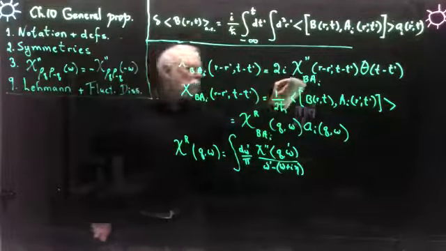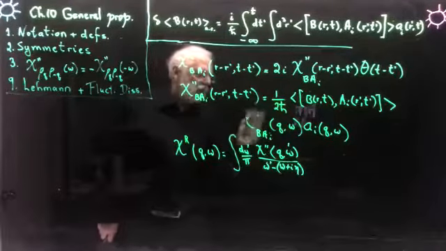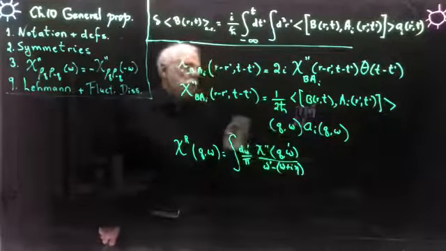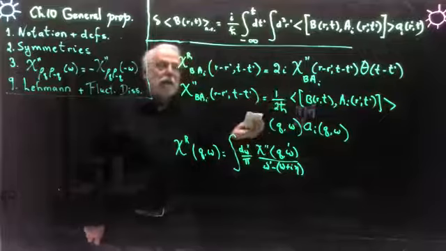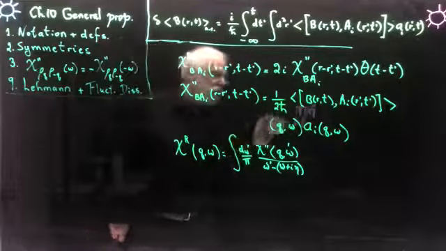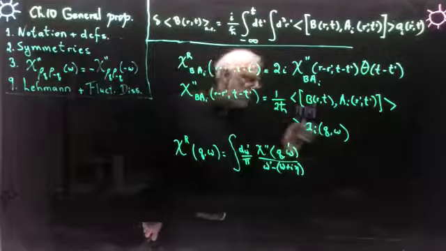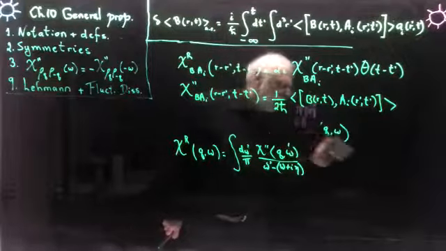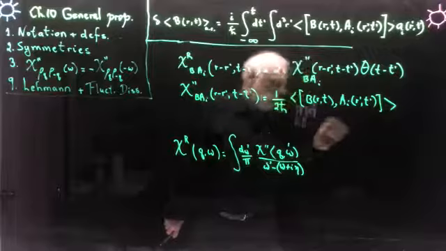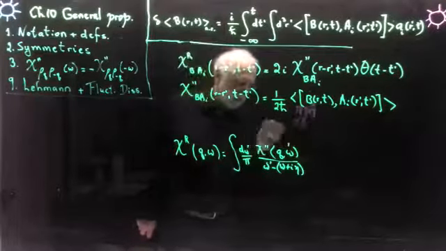So this shows that in the classical limit, some of the sum rules that I will show for this object will be valid also in the classical limit. They're obviously valid in the quantum limit, but they have their classical equivalent that were probably discovered before the quantum mechanical ones.